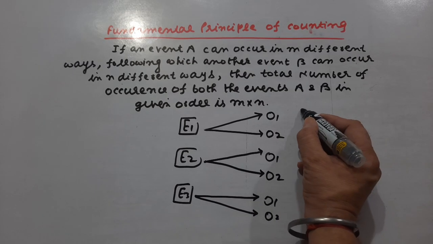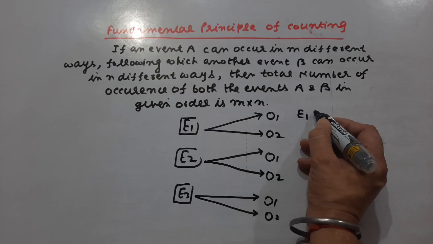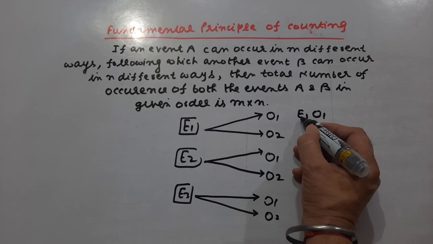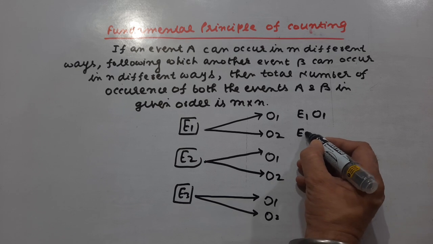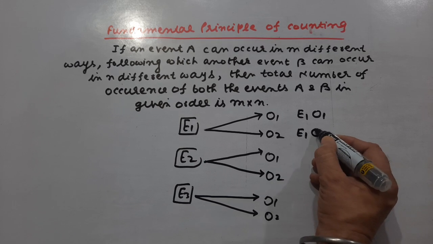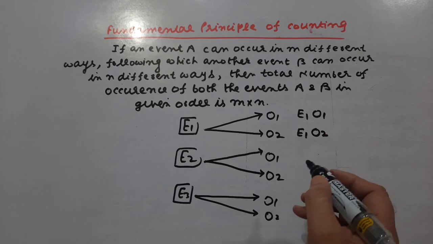So one possibility is entry through E1 and going out through O1. The second possibility is entering through E1 and going out through O2.